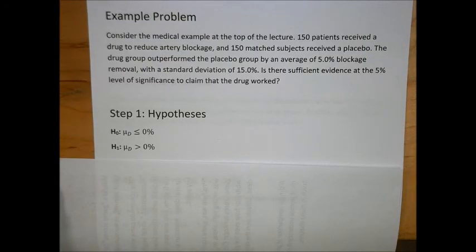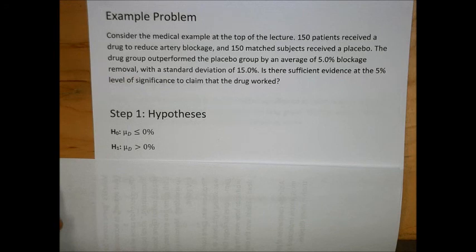Let's do another example problem. Consider the medical example at the top of the lecture. 150 patients received a drug to reduce artery blockage, and 150 matched subjects received a placebo. These matched subjects were matched based on traits such as age, gender, race, and initial artery blockage to make sure that the pairs were all very similar to each other.